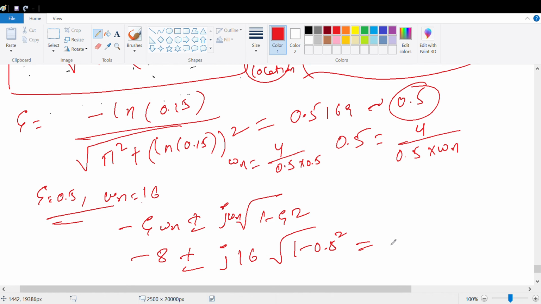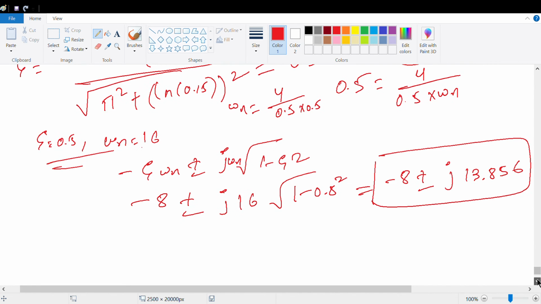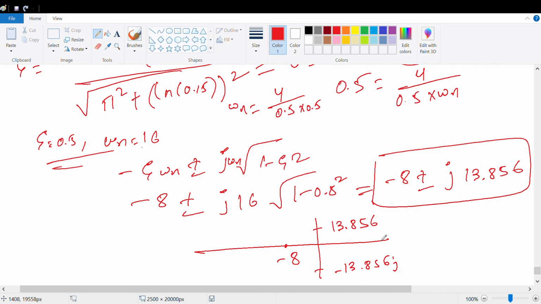Now the pole's location is minus 8 plus or minus j 13.856. This is the pole's location. If you want to plot the poles, you can put minus 8 here and 13.856 here, minus 13.856 j. This is the point and this is the point. These are the poles.